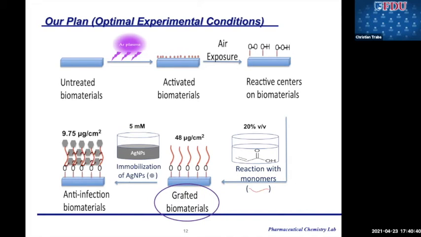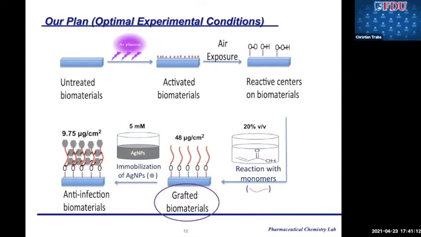These nanocoatings can be synthesized with controllable polymer density and controllable polymer brush lengths. The grafting density for these surfaces was calculated to be 48 micrograms per centimeter squared, and this was done using TBO staining, which is toluidine blue O. The polymer brush lengths were determined to be 55 nanometers according to AFM imaging, which I will show you in a bit.